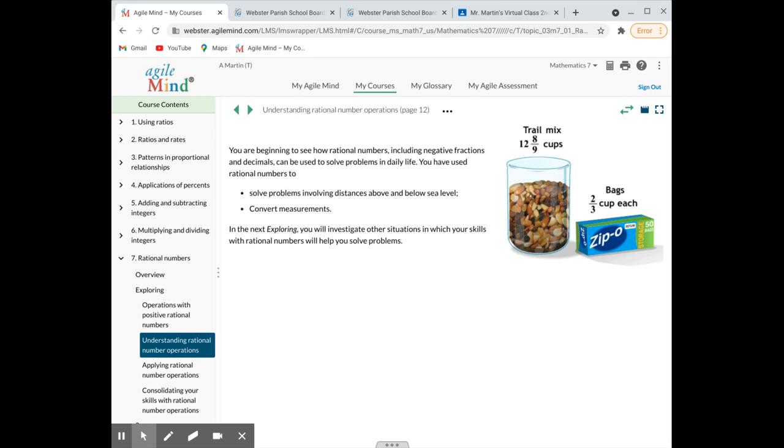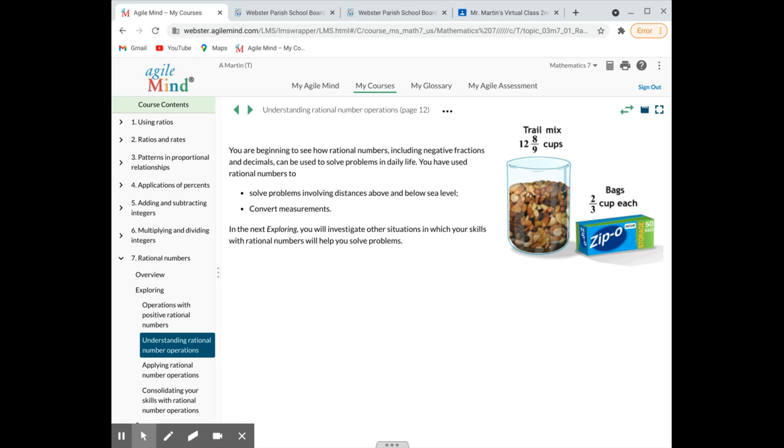You have used rational numbers to solve problems involving distance above and below sea level. All right, then it says to convert measurements. And it also says in the next exploring, you will investigate other situations in which your skills with rational numbers will help you solve problems.